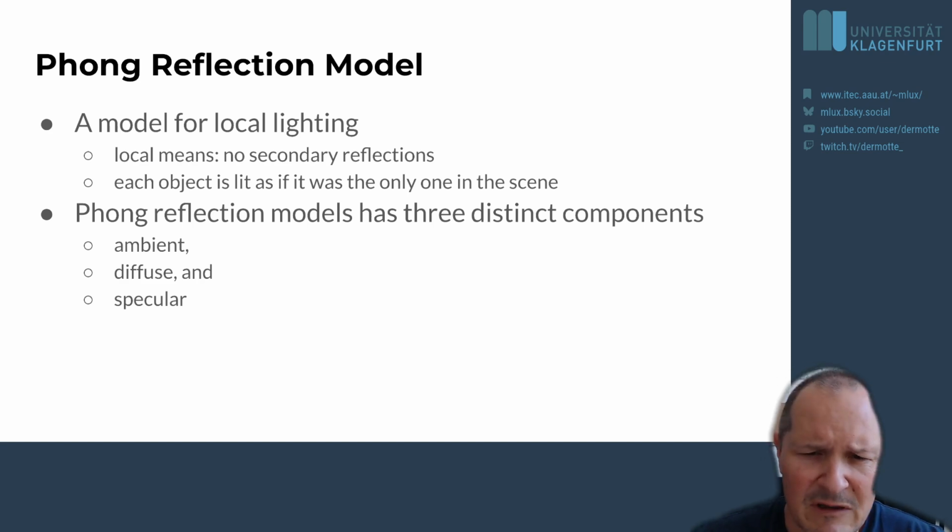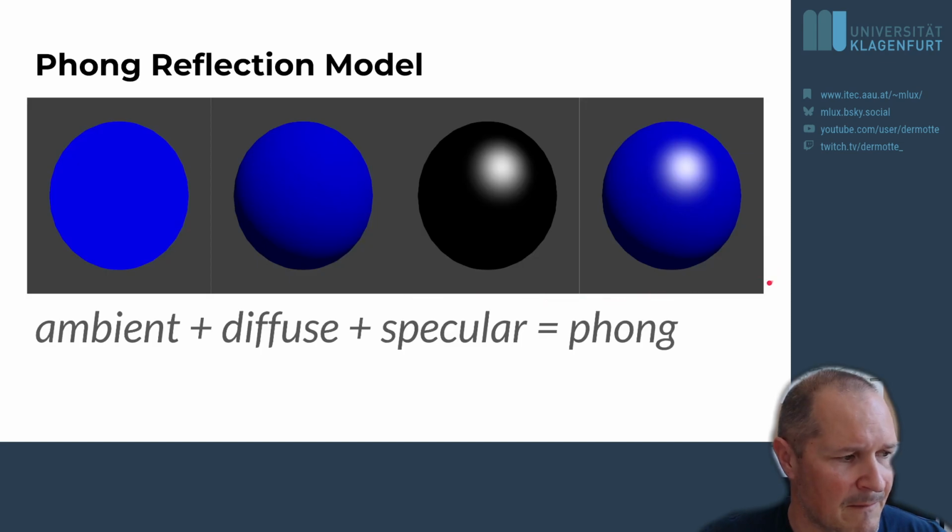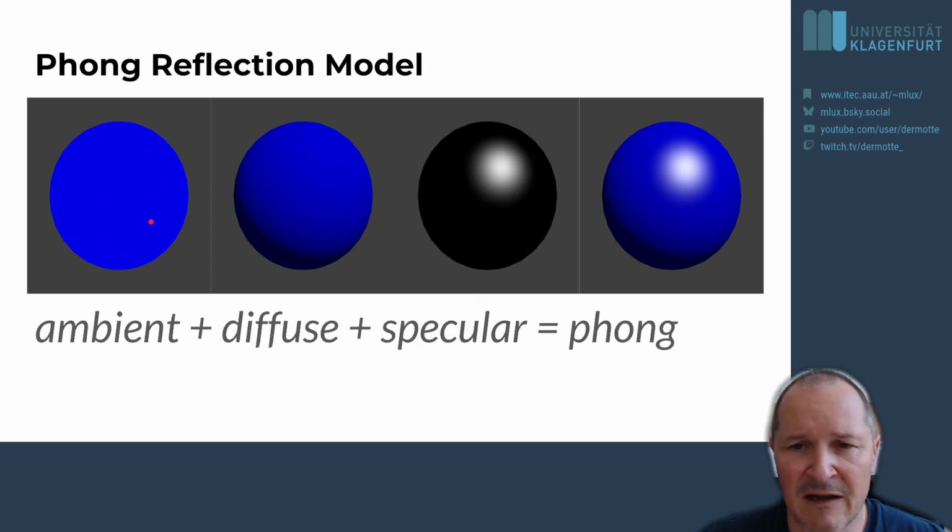It's a very nice model because we can explain it very easily. For instance, with the three components that we have: the ambient component, the diffuse component, and the specular component. So we can also visualize it. The ambient component is light from all directions, so it's just blue.